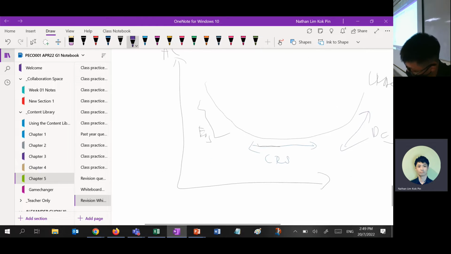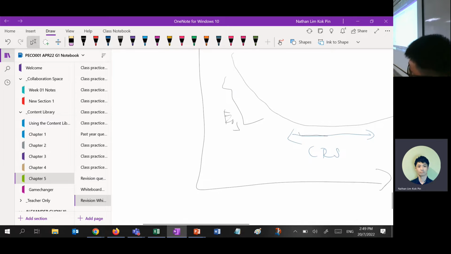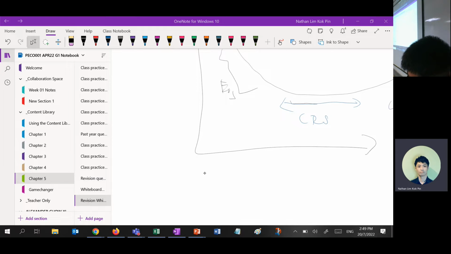Right? Economies of scale. It looks like you all don't remember, so there's no point I help you to remember, right? EOS refers to increased quantity, decrease AC.